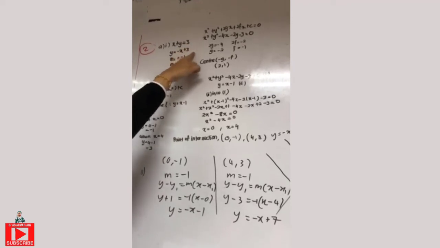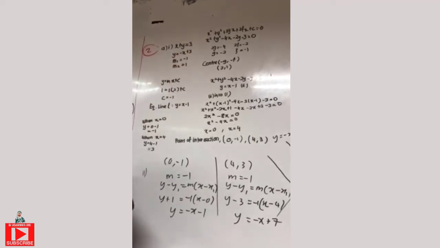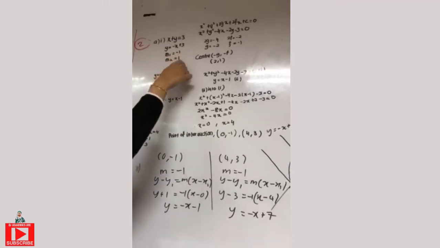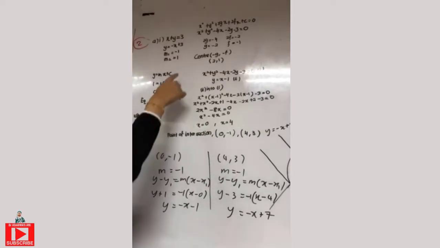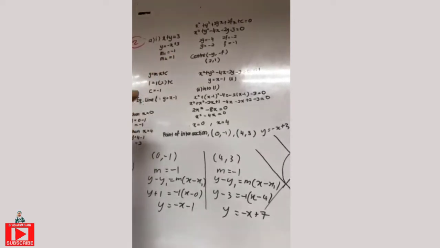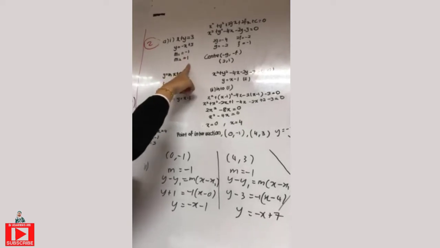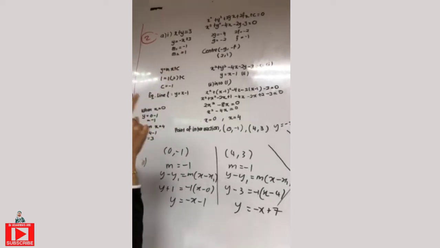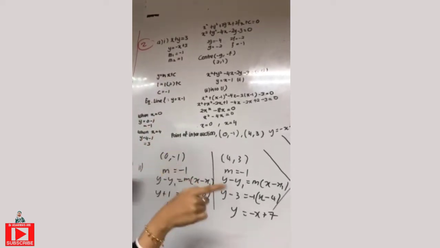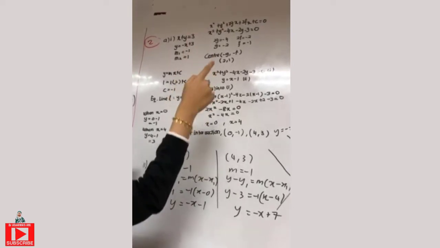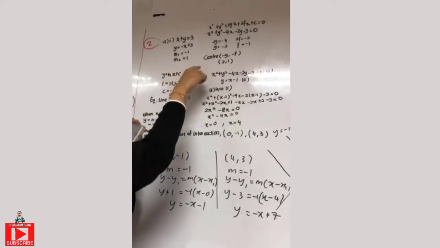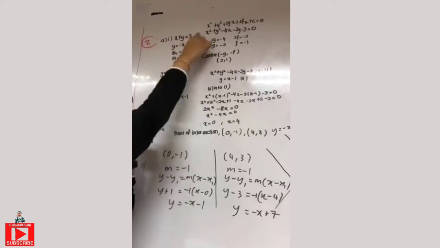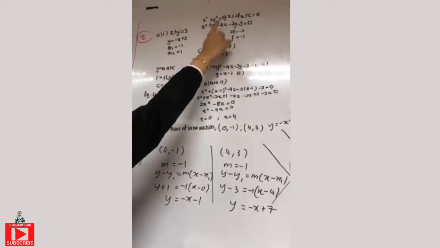So kita ambil ni, kita tahu dia punya gradient is -1. So kalau perpendicular, based on formula m1 m2 equals to -1. Kita dah dapat ni. And then dia cakap line ni passes through center of this circle.